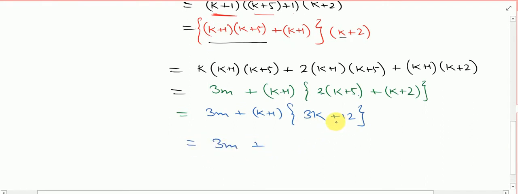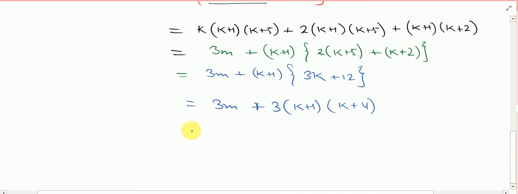Now in this bracket you can see 3 is common, so 3 will come out. So we get 3 times k plus 1, and here in bracket k plus 4. Okay, and now in these two terms 3 is common, so 3 comes out.